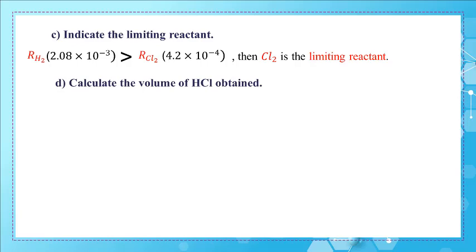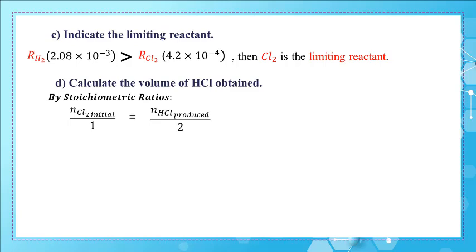Calculate the volume of HCl obtained. By stoichiometric ratios, number of moles of Cl2 initial over 1 equals number of moles of HCl produced over 2. By cross multiplication, the number of moles of HCl produced is equal to 2 times number of moles of Cl2 initial.